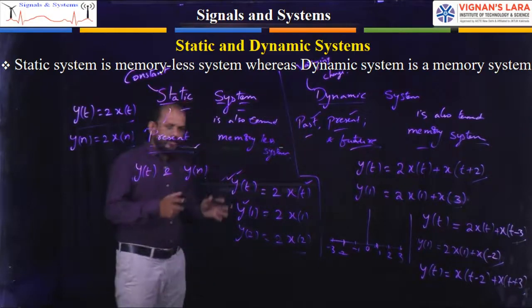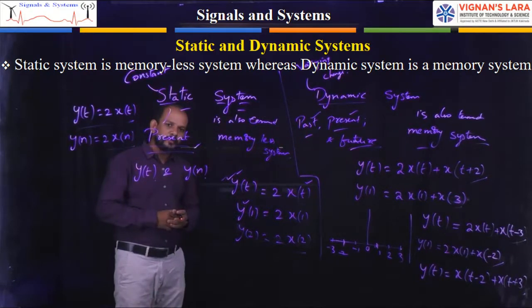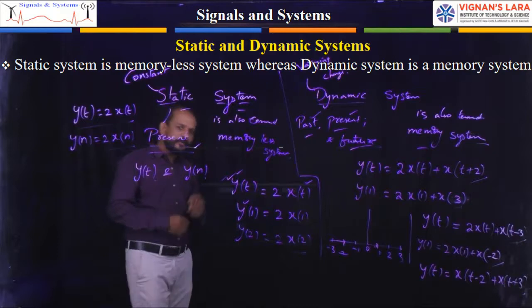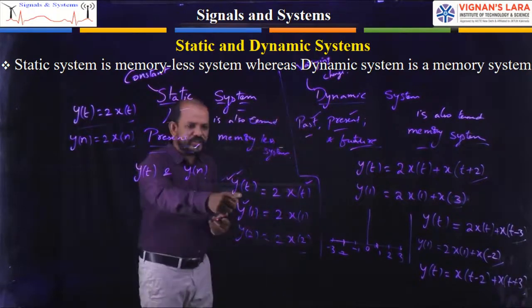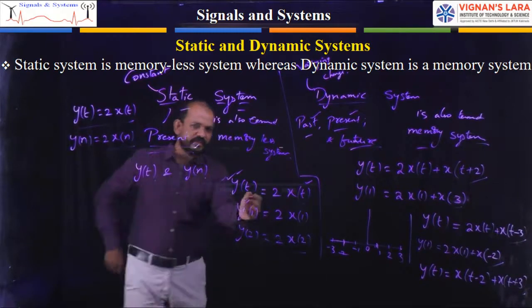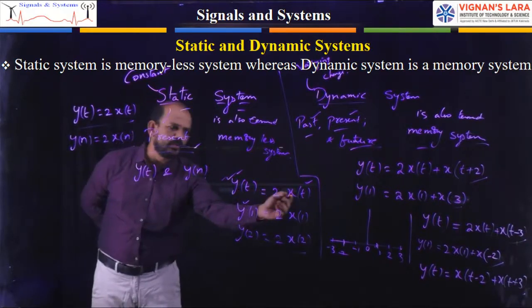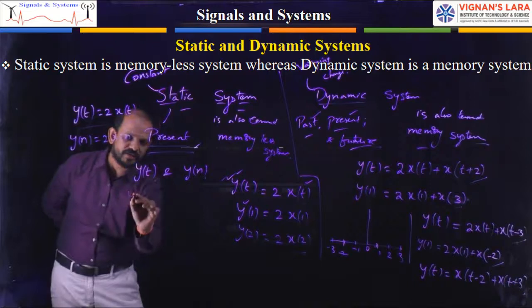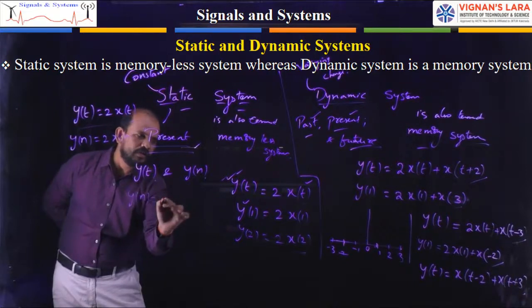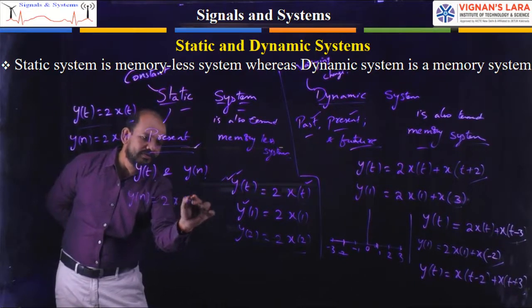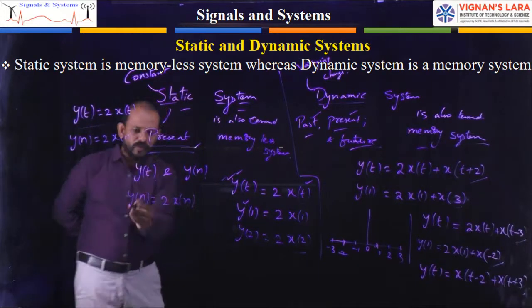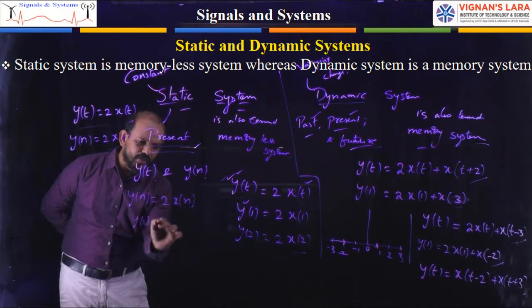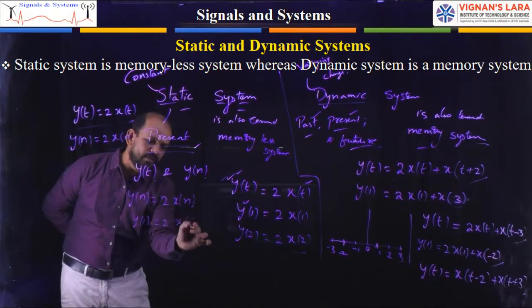Okay, now all these are with respect to the continuous time variable t. If I want to explain the same thing with respect to discrete, how can I change this? The first example, static, y of t equal to 2 into x of t. So I have to write y of n equal to 2 into x of n. If n equal to 1 at that instant, y of 1 equal to 2 into x of 1.